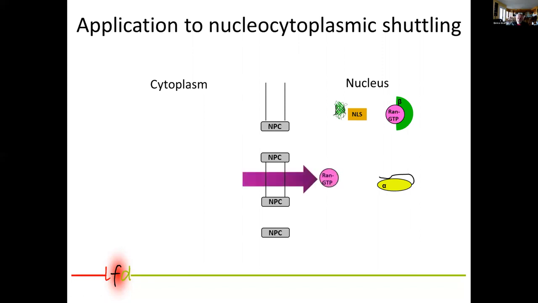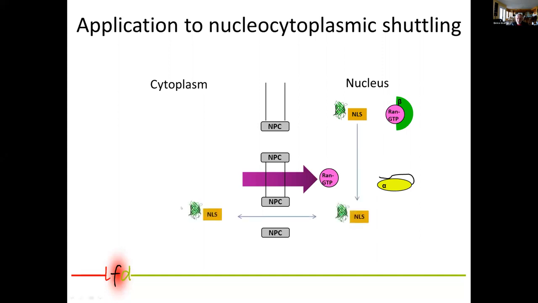Okay, and so RAN GTP is known to have a very high concentration in the nucleus and very low concentration in the cytoplasm. So in the cytoplasm, you can form the complex. It will not dissociate because the concentration of RAN GTP is very low, but as soon as it passes through the nucleus, it will dissociate and the particle will be found on the other side and cannot be returned.